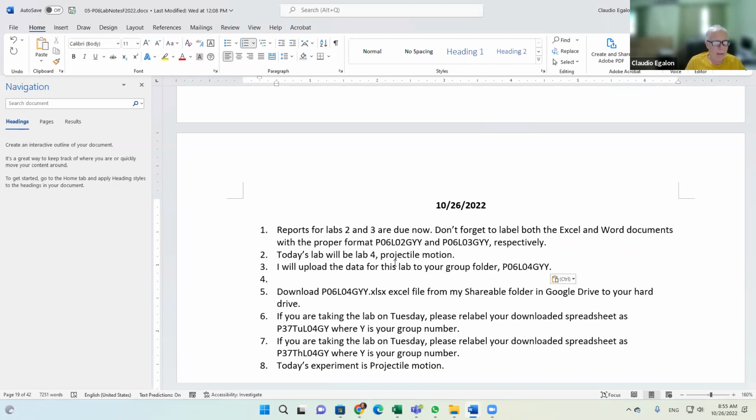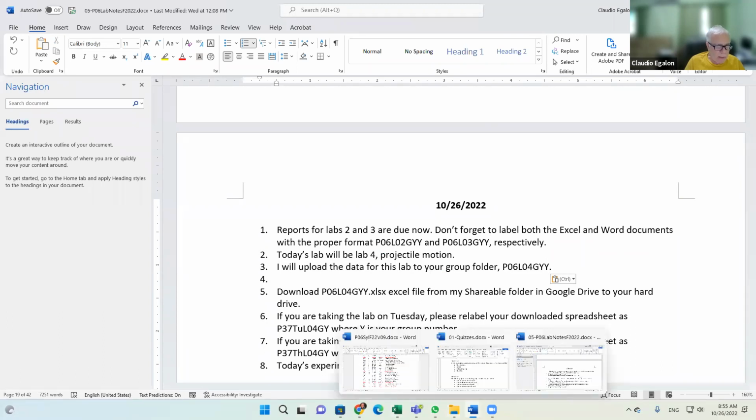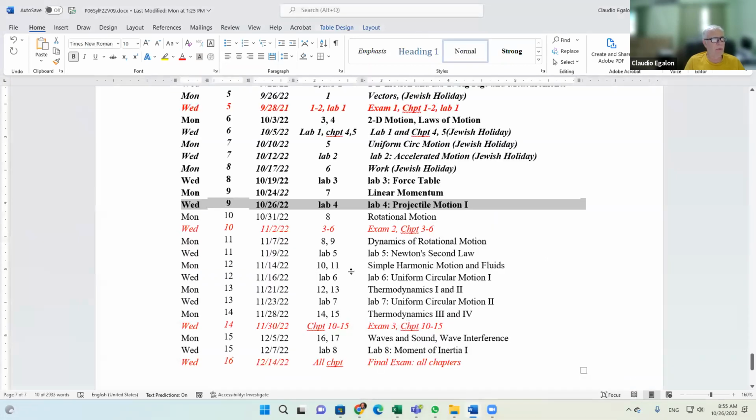The file is going to have this name, P06L04GYY, right? And take a look again here at the syllabus, lab number 4, projectile motion.